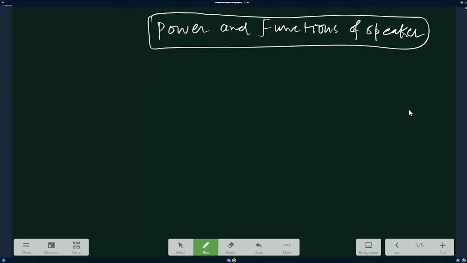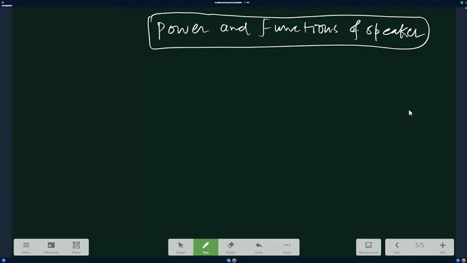Yeah, it would be the same, right? The same tradition is followed in the state, because we have a parliamentary system in the state also. So the same replication is followed in the state assembly also.